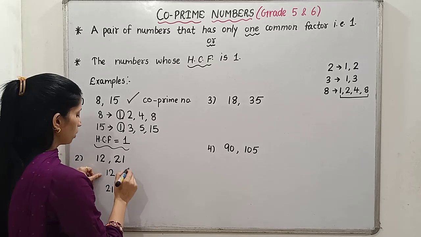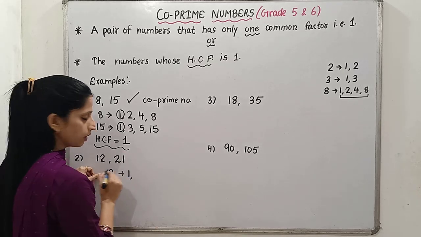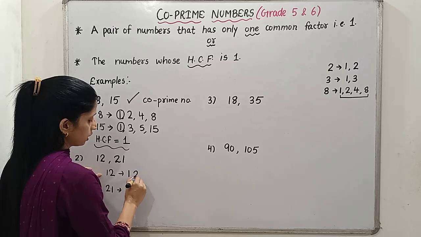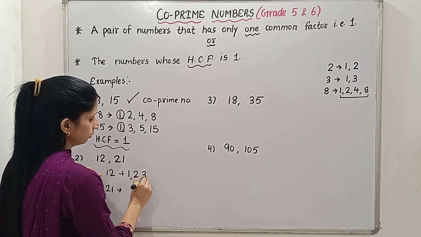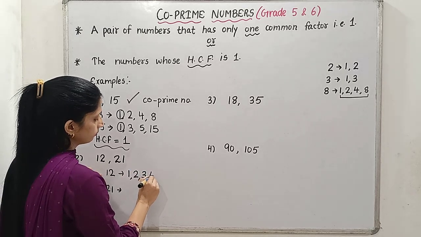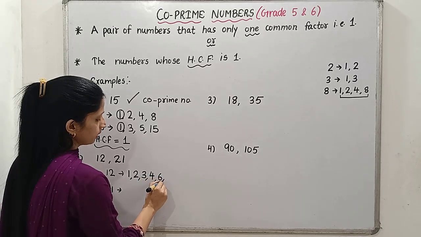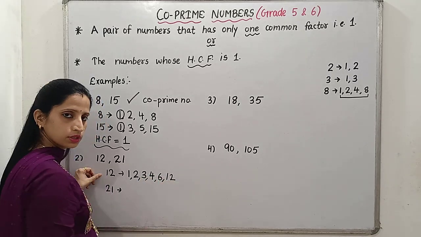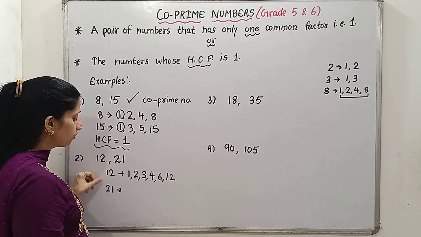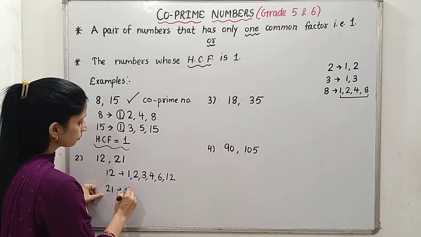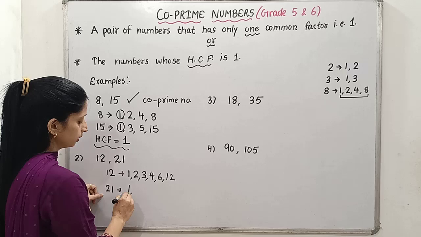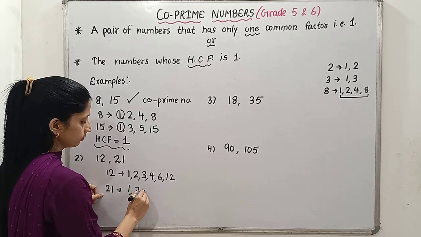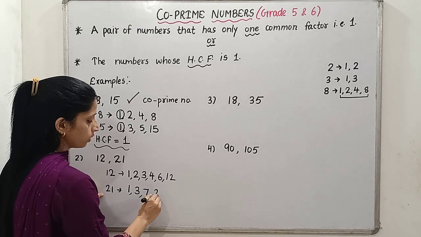The factors of 12 will be 1, then 2, then 3, then 4, then 6 and 12. Similarly, we will write the factors of 21: 1, then 3, then 7 and then 21.